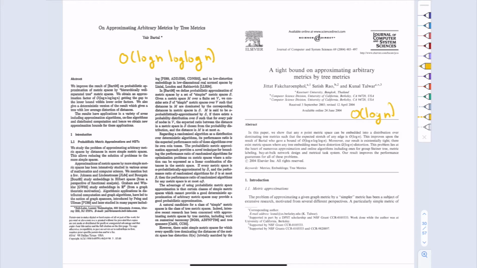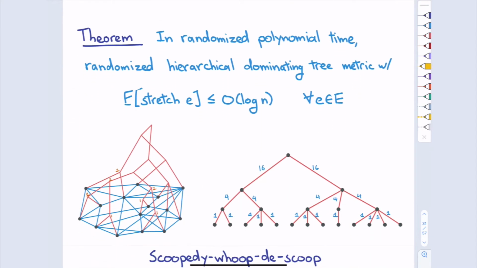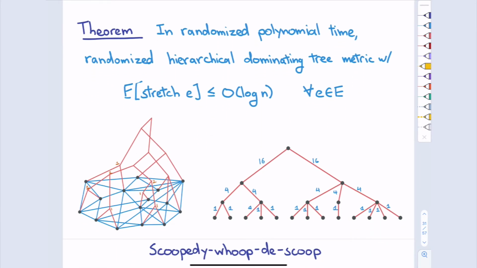Sometimes these are called Bartal trees, even though the final result is by this group, FRT. So what's the theorem? We're going to describe an algorithm that produces a dominating tree metric, a hierarchical dominating tree metric, where for every edge, the expected stretch is at most log n. That's what we'll show today.